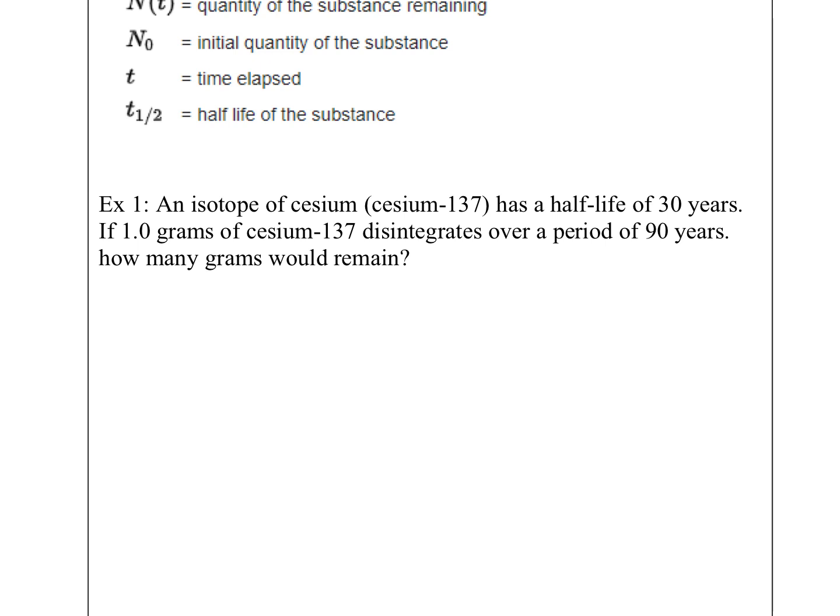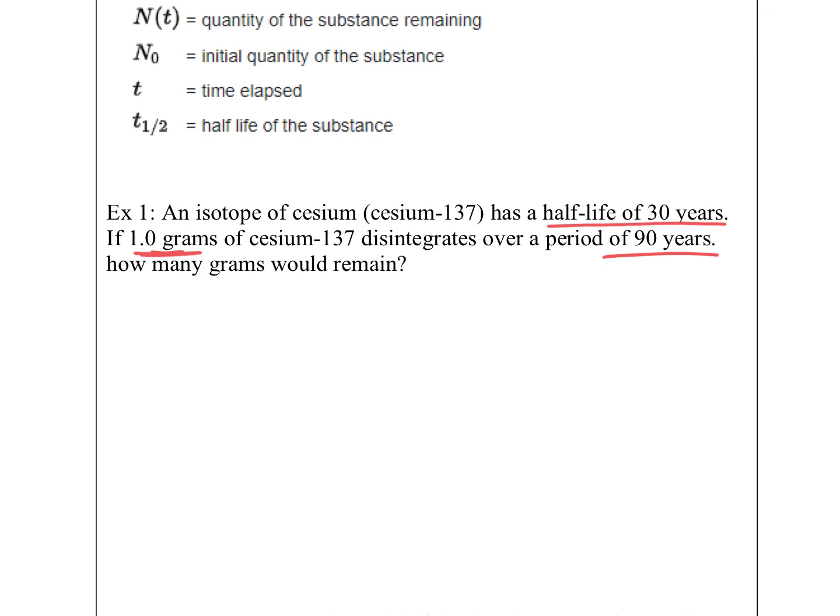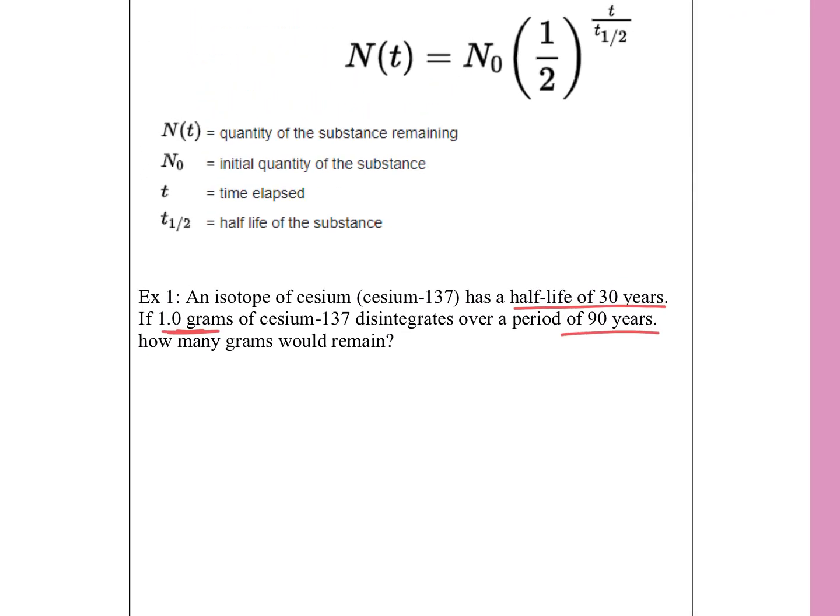Half-life of 30 years. 1 gram, that's going to be that initial amount, over a period of 90 years, how many grams remain? So we're solving for N of T, and in this case, T is going to be how much time has elapsed? 90. Okay, not the half-life, but the actual time.